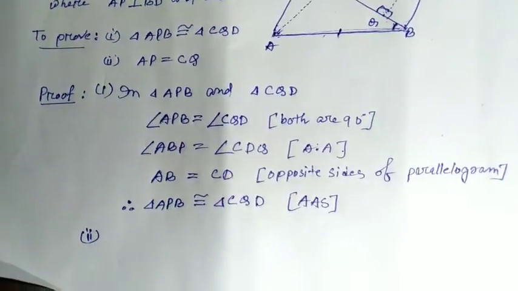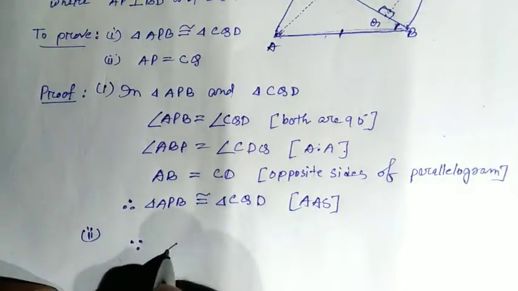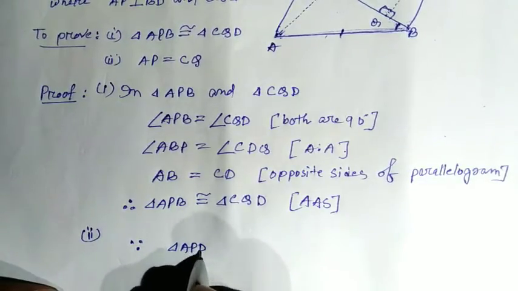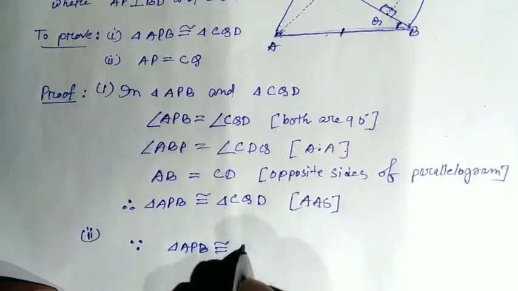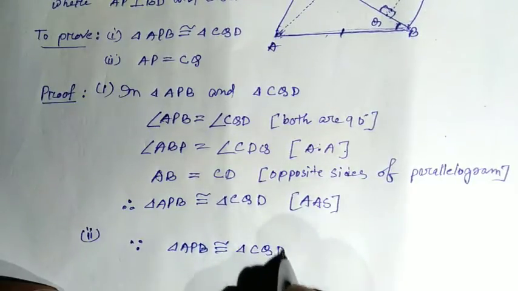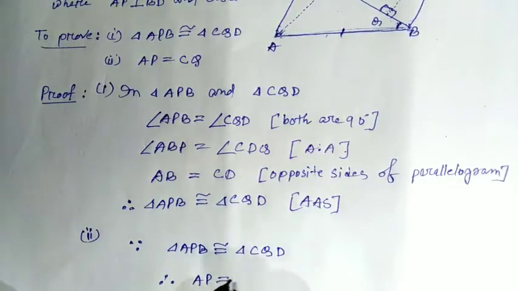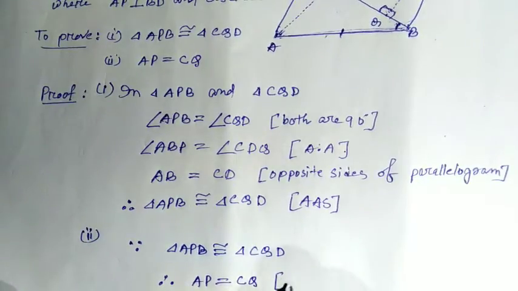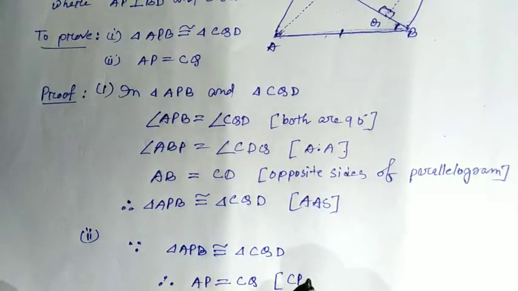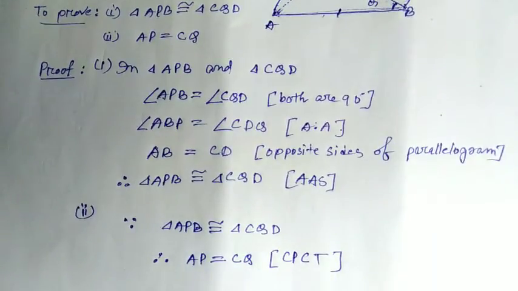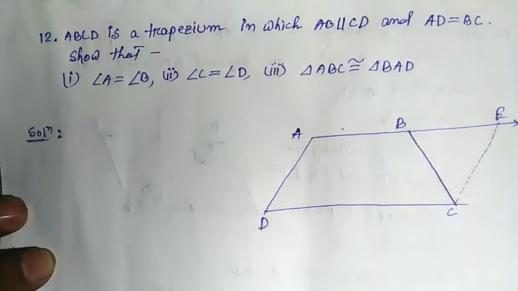Since triangle APB is congruent to triangle CQD, therefore AP is equal to CQ, because they are corresponding parts of congruent triangles. So these two parts are solved. We'll proceed in the next question.